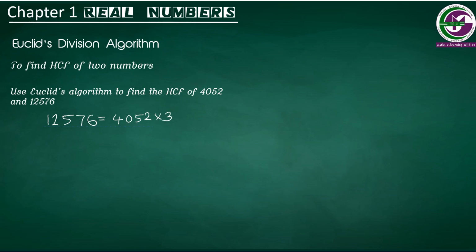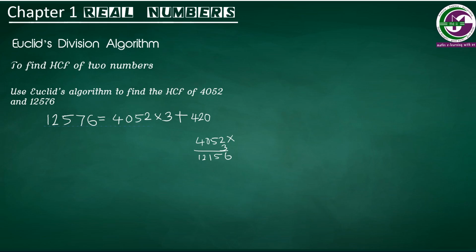So we'll verify here: 4052 times 3. 3 fives are 15, 3 fours are 12, so 12,156. If you subtract this, you will get a remainder of 416.